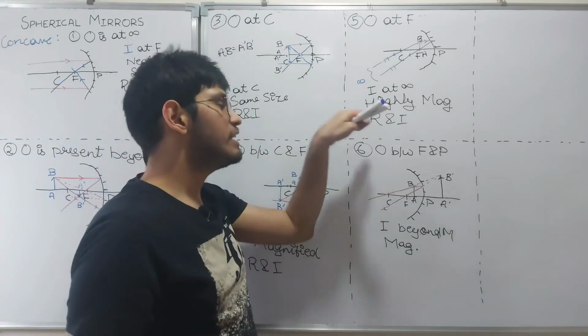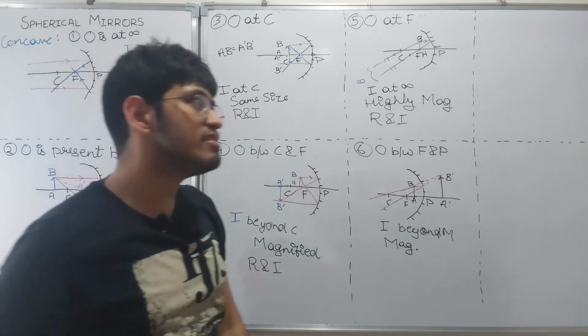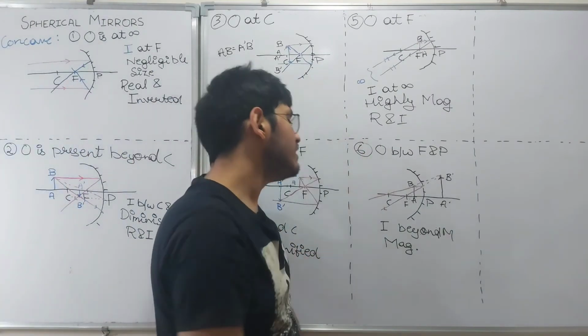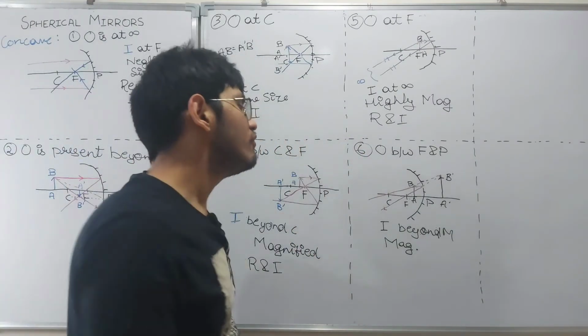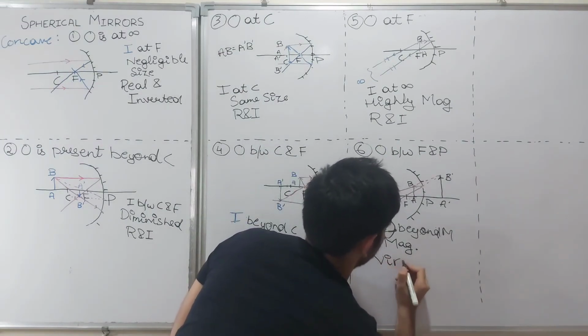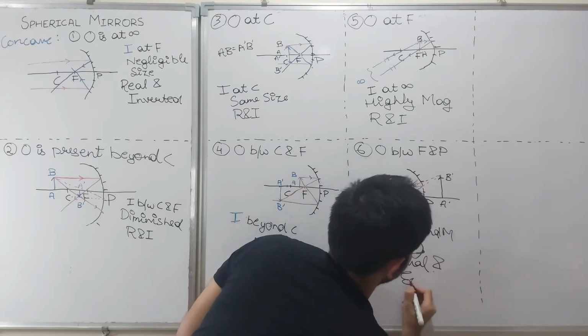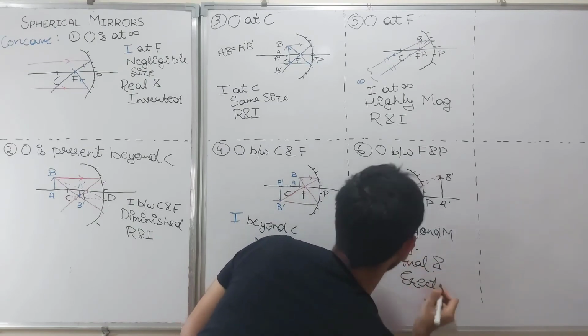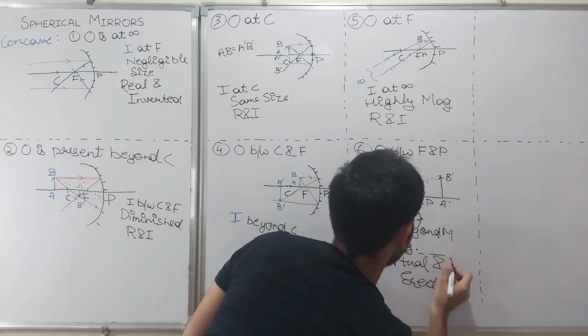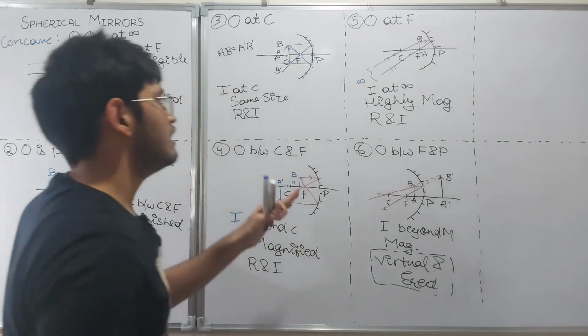It is not possible in any of the other cases, but in this case only, the image formed will be virtual and erect. I am just making a box over here because this is the only important case that we are going to look at in the case of a concave mirror.